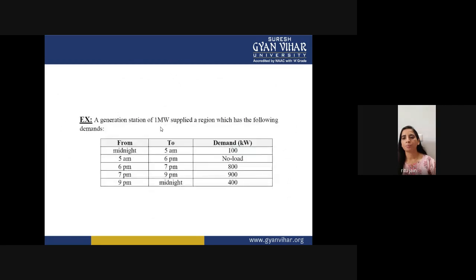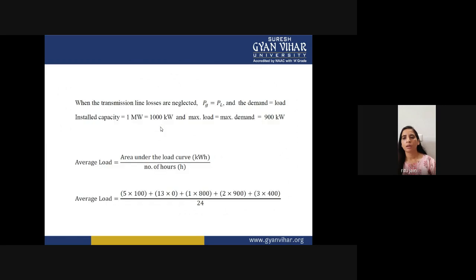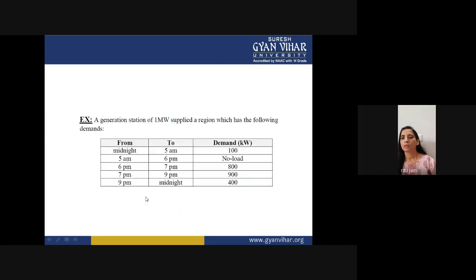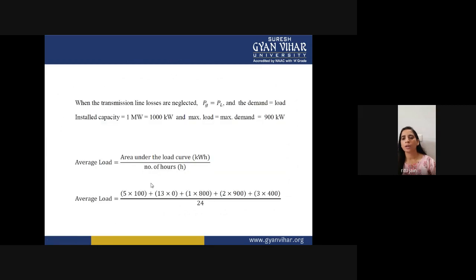You can see here that from midnight to 5 a.m., it is 5 hours, you are using 100 kilowatt power. So 5 into 100, this is 500, plus for the next 13 hours there is no load, 5 a.m. to 6 p.m., so 13 hours multiplied by 0.